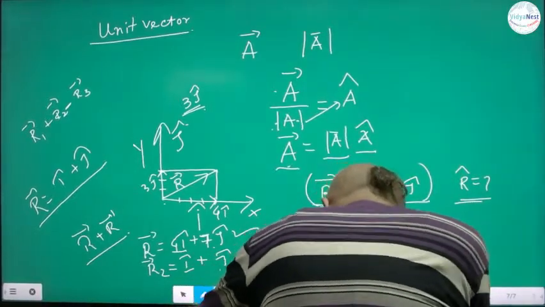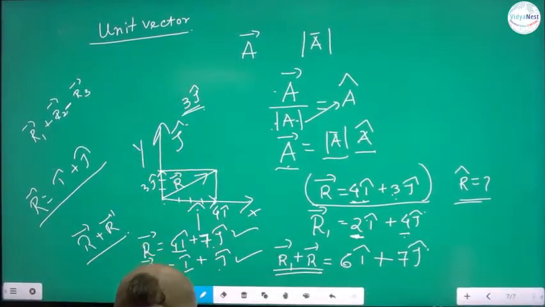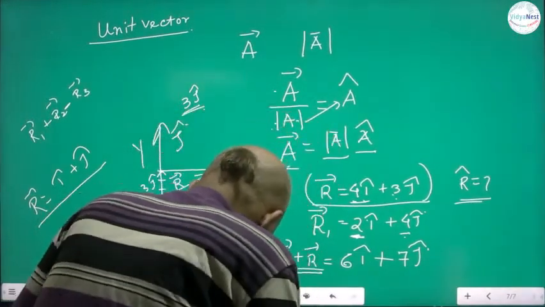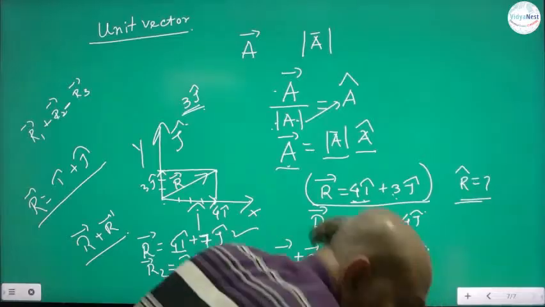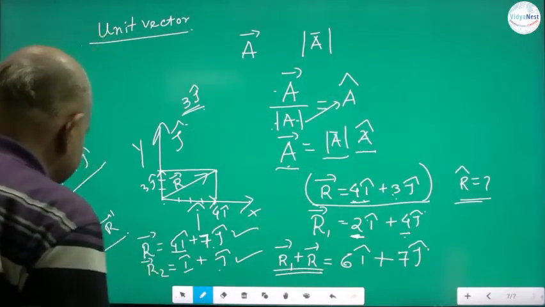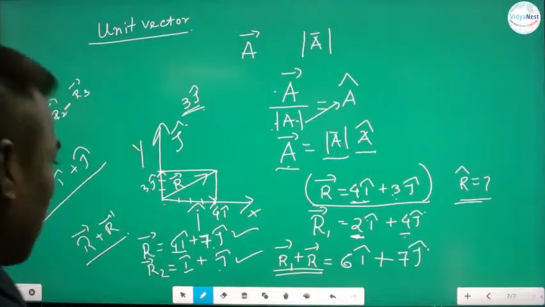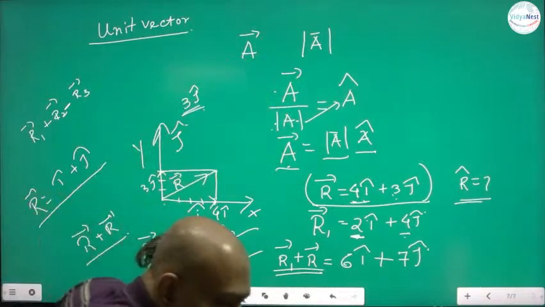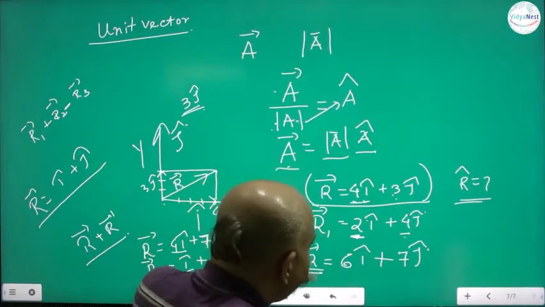Vector by magnitude of the vector is a unit vector.